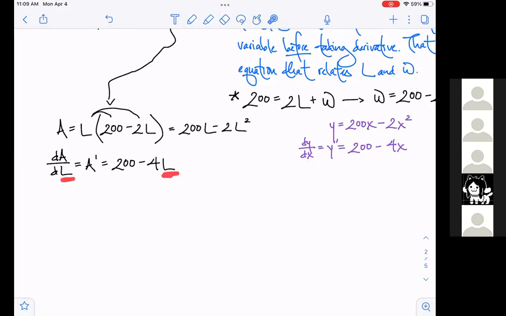That's why we don't need the L prime here, okay? But our derivative of A is going to be dA dL. All right, so the variable A is like our Y and the variable L is like our X, okay? So if you prefer to write it this way, that's fine, but you also need to think about where this comes from, okay?